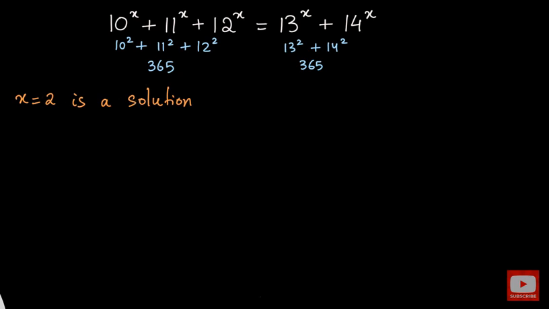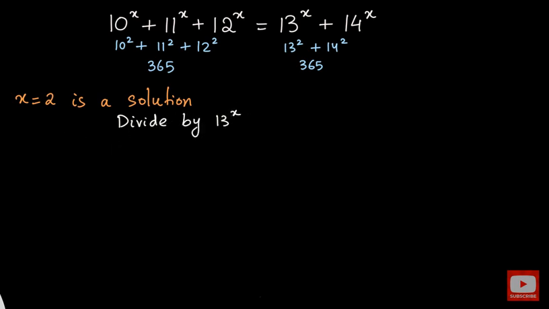Now I want to check if there are any other solutions. For that we have to analyze the functions on the left side and on the right side. So first let us divide both sides of the equation by 13^x.